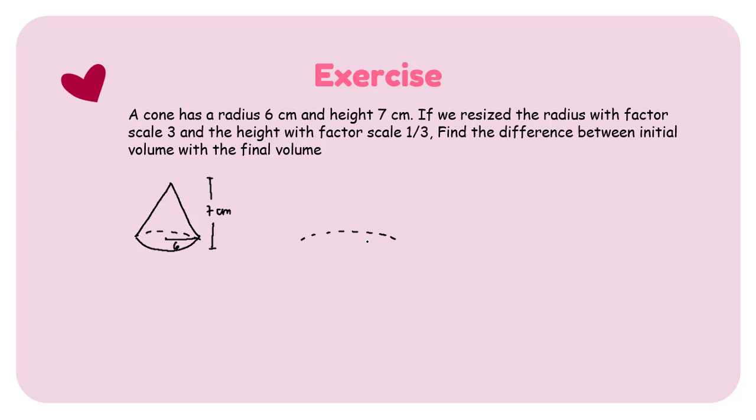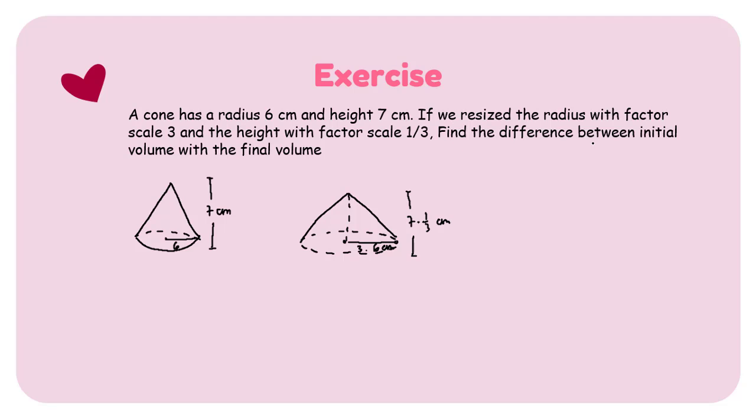So it's supposed to be longer. The radius will be 3 times bigger than the previous one, which is 6 cm. And then for the height, it's lower, because we're reducing the height with a scale factor of 1 out of 3. 1 out of 3 of 7.